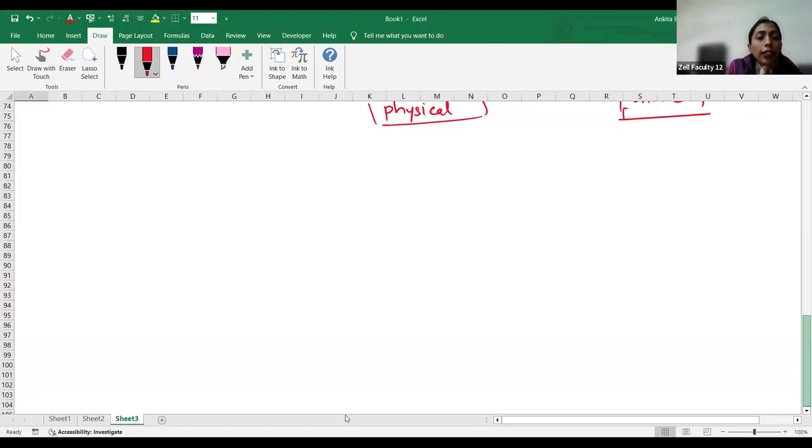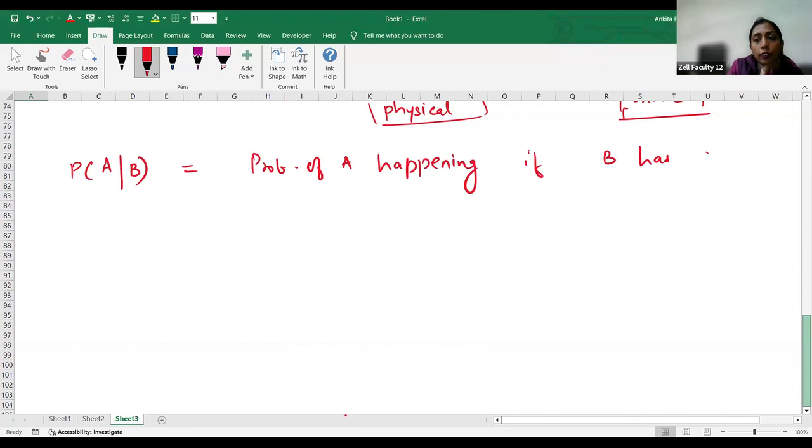Now I can write an event like this, probability of A given B. What do I mean by this? What is the probability of A happening if B has occurred?